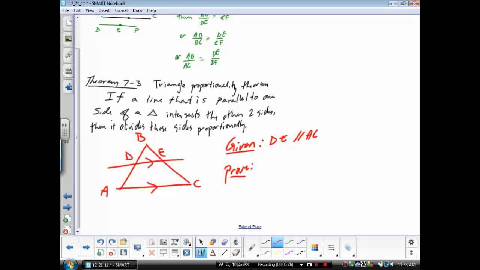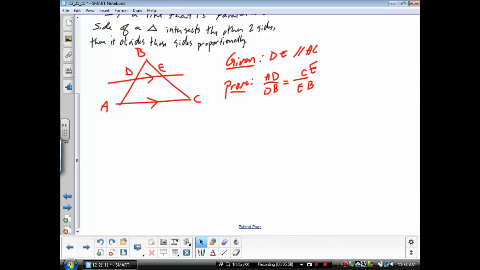So we want to prove that AD is to DB as CE is to EB. What I know is that I have some similar triangles that are formed by this parallel line. I know that corresponding angles are congruent.